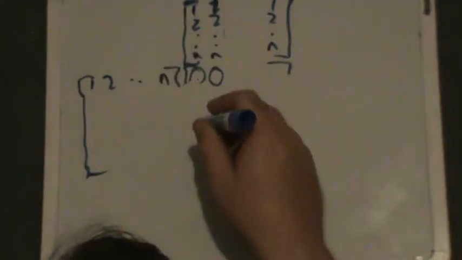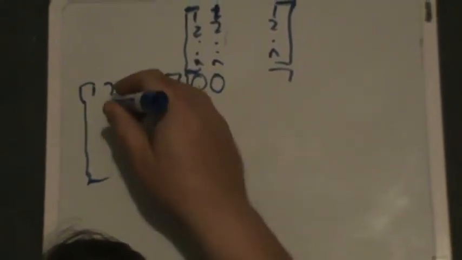So again, we see some neat operations as we go on. Now what would happen if I extended this? What if I did a matrix times a matrix? So now imagine two n by n matrices.